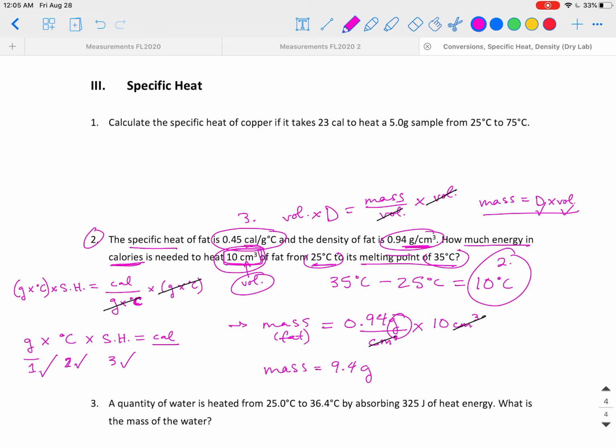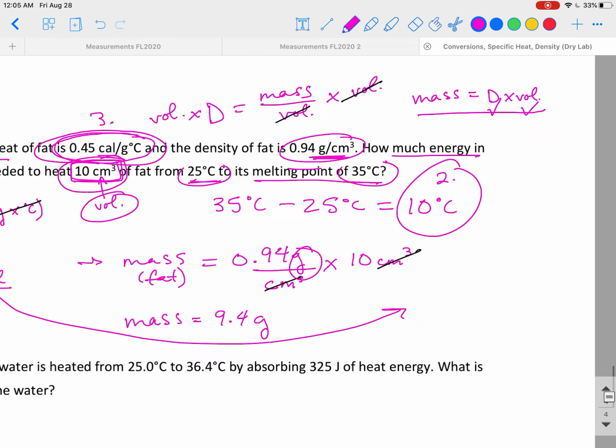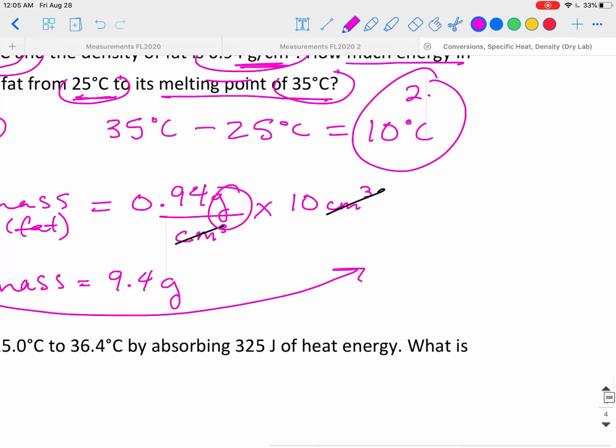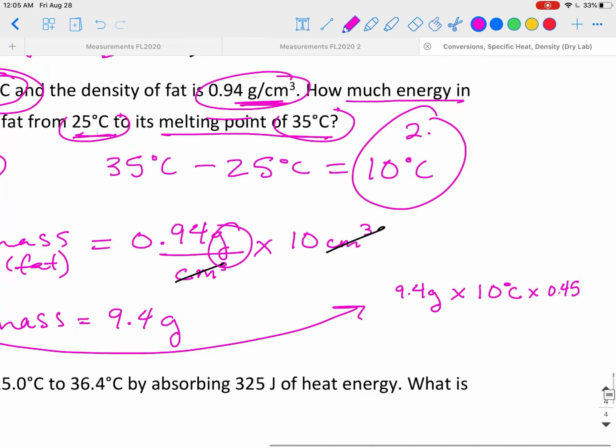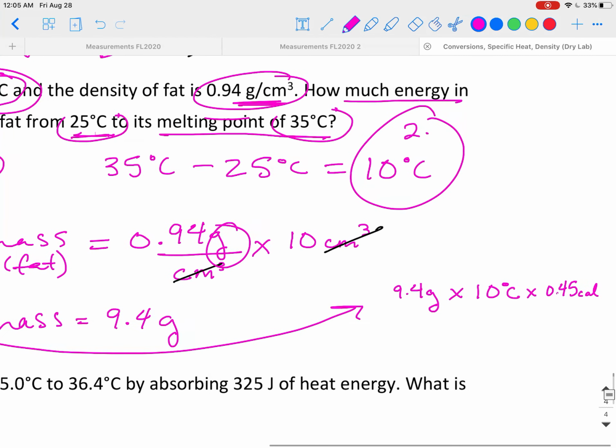I'm going to do the grams, 9.4 grams, times my change in temperature, which is 10 degrees Celsius, times the specific heat, which is still over here in the problem, 0.45. The units there are calories per gram degrees Celsius.